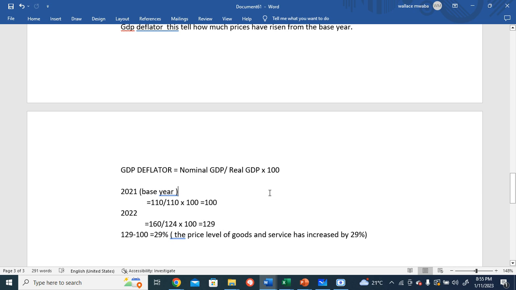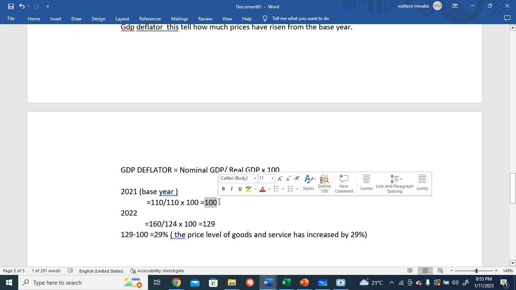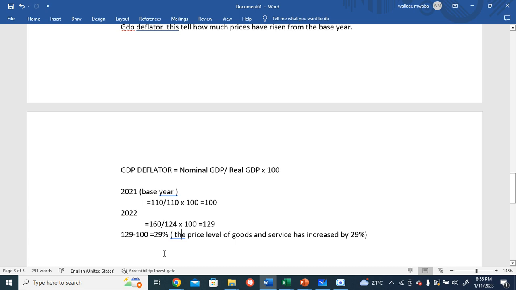Then you compare this point of reference with other years. In 2022, we got 129, so to see how much the price level has increased, we subtract 129 minus 100: it has increased by 29%.